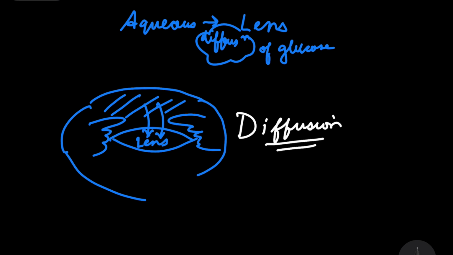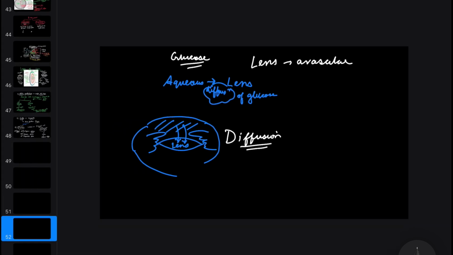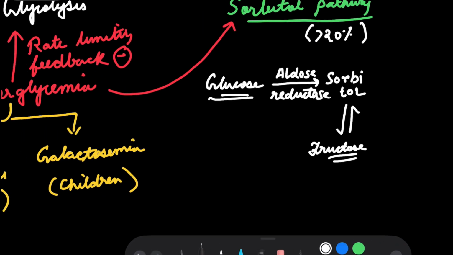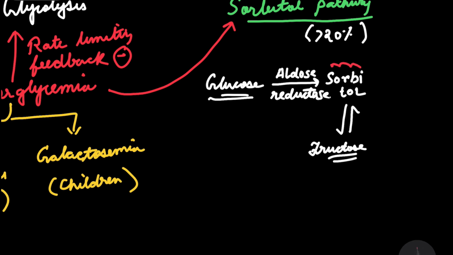Lovely. Problem is this one, sorbitol. Sorbitol creates a very potent, dangerous problem due to the fact that sorbitol cannot diffuse in and out of the lens.